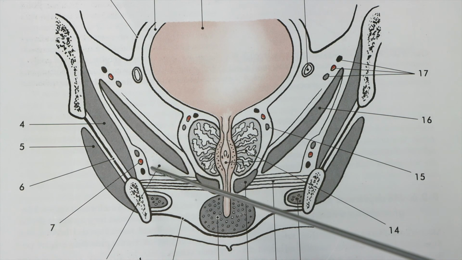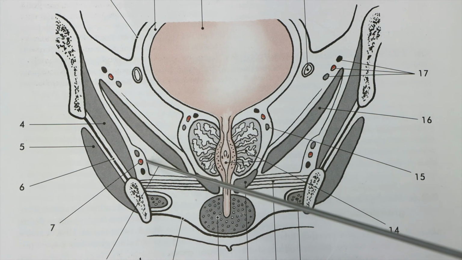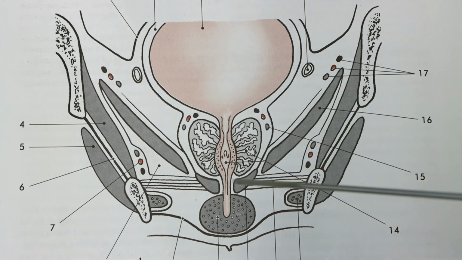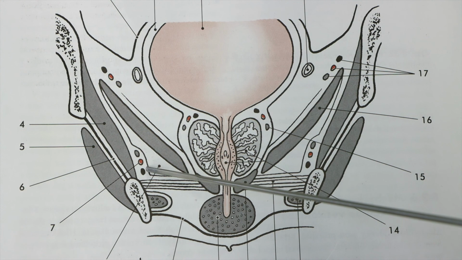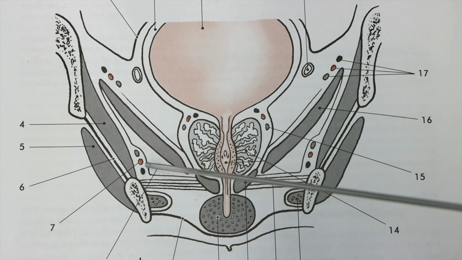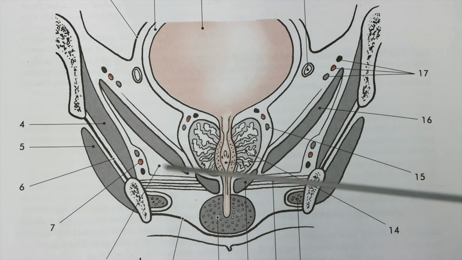In the fascia of the obturator internus muscle, you have the pudendal canal, and the pudendal canal contains the internal pudendal artery and vein and the pudendal nerve, and also this area is the ischioanal or ischiorectal fossa, which mainly contains fatty tissue.